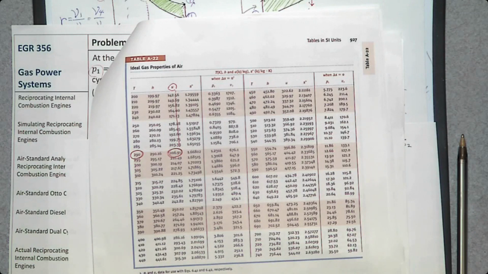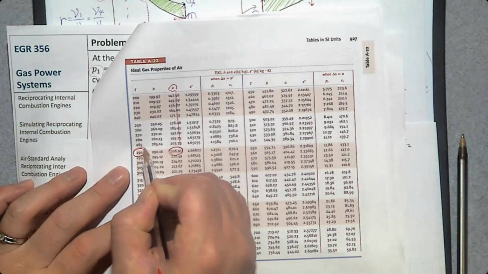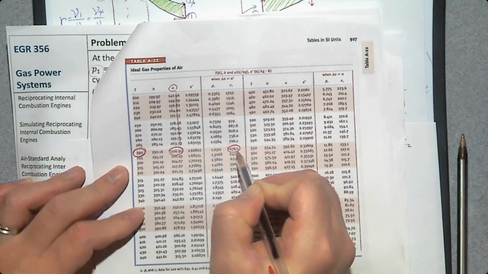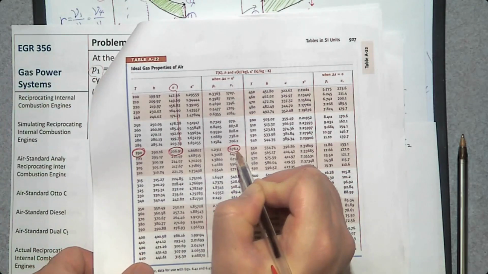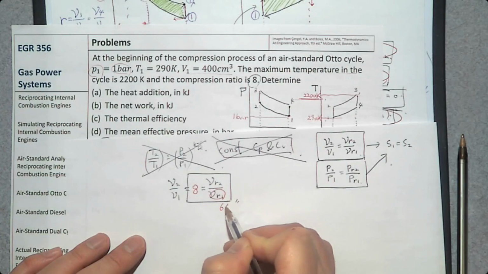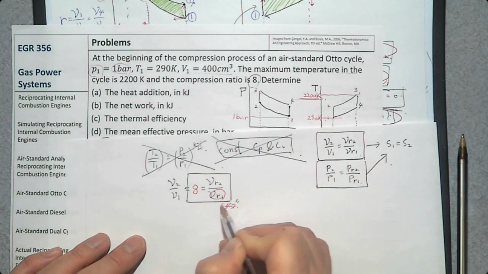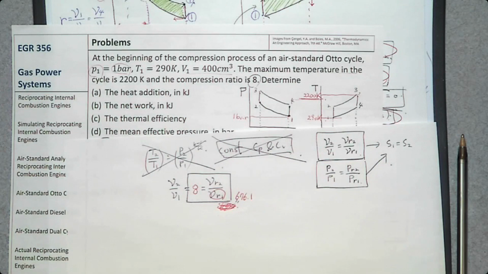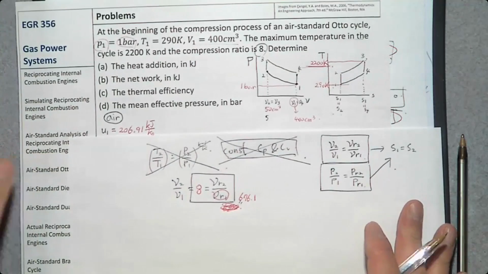676.1. So at 290 Kelvin, VR is 676.1. So this number, 676.1, is VR1. I made a mistake.